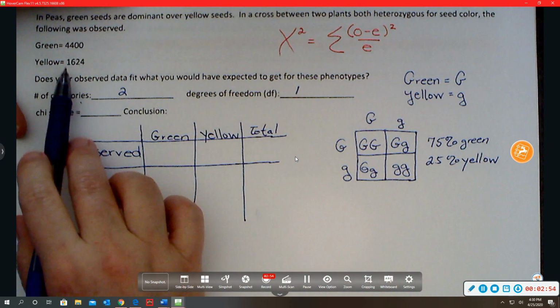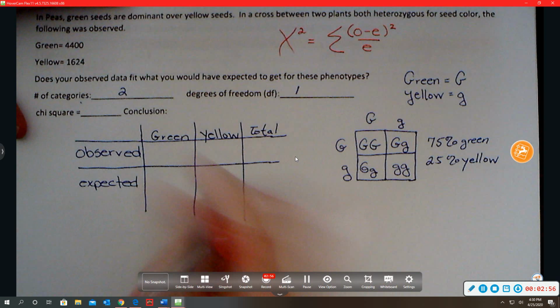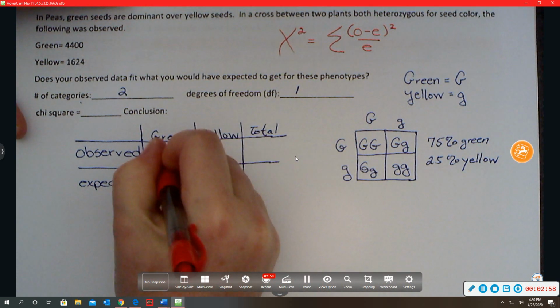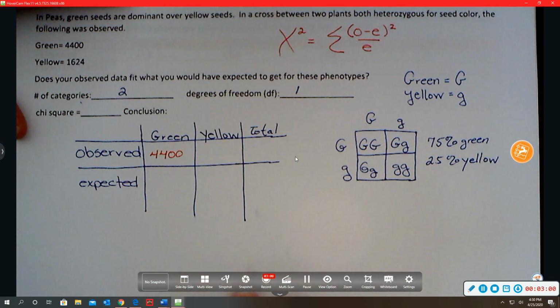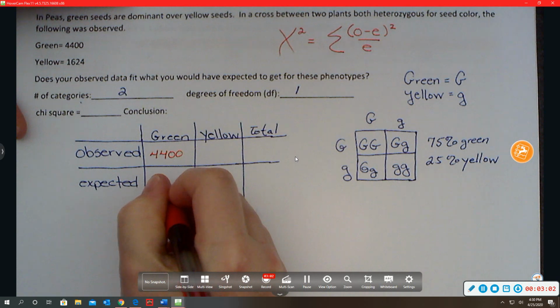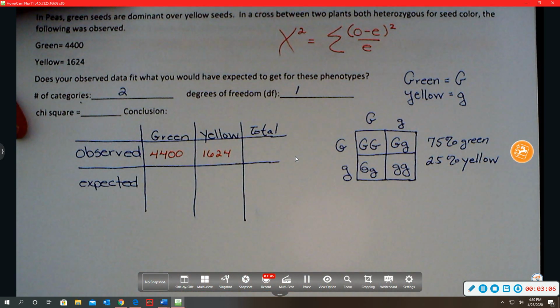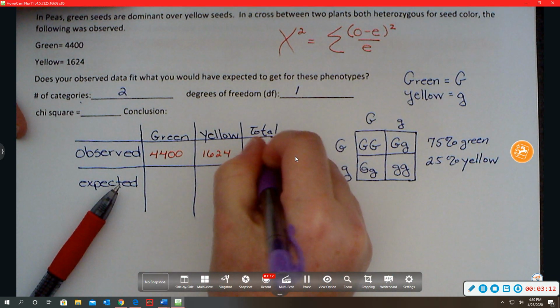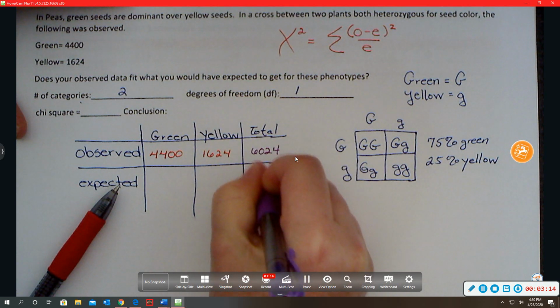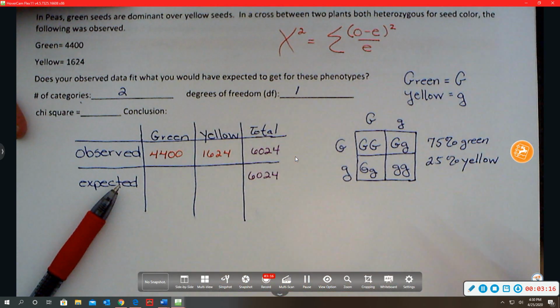All right, so 4,400 is what I observed to be green, and 1,624 what I observe to be yellow. All right, so what's that total then? 6,024. Well, that should be the same case for both.